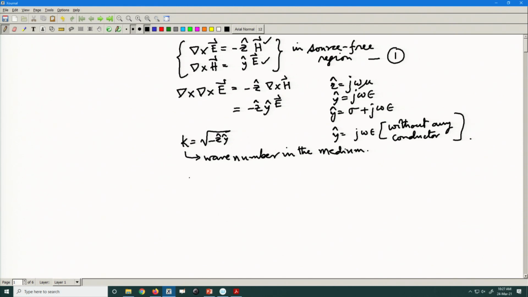And therefore, we can write the previous equation as curl curl E minus k square E equal to 0. This is equation number 2.